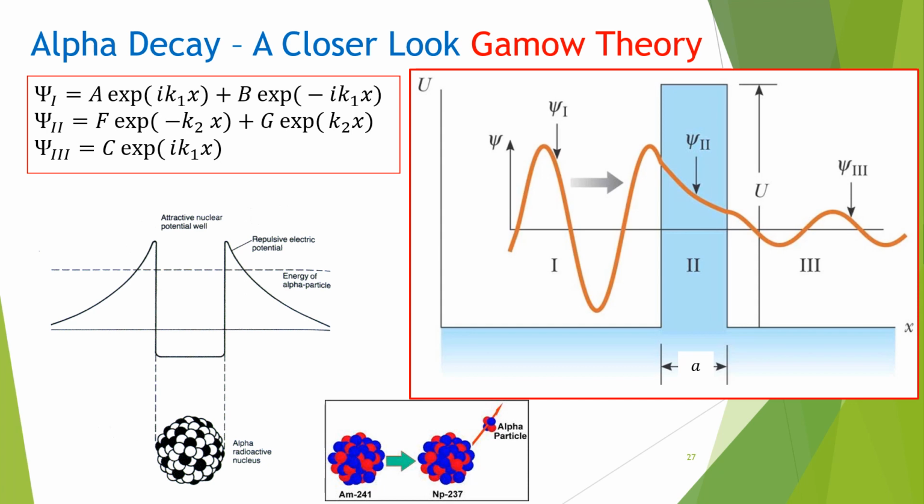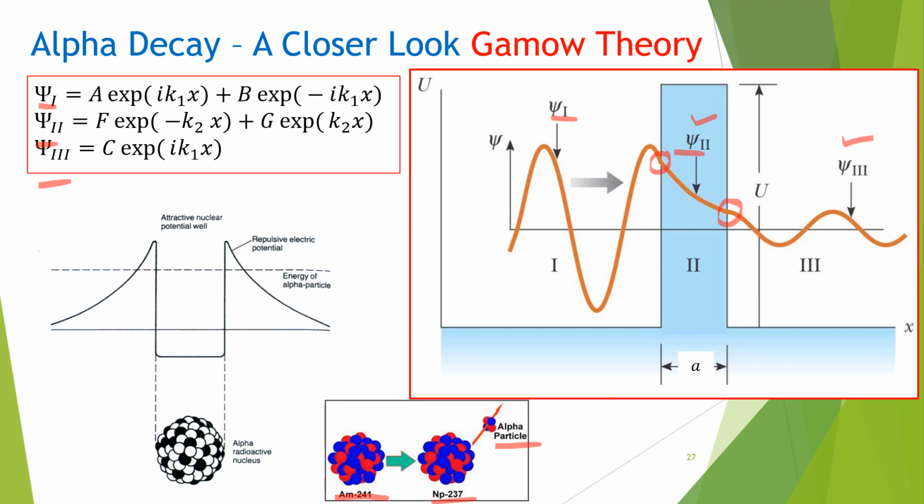This is one more picture I want to show you, where I am showing you psi1, psi2, psi3, that is the wave function in 3 regions, and americium 241 is undergoing a decay with ejection of an alpha particle, and the continuity from region 1 to region 2 offers a smooth changeover of the wave function at this point, and across the boundary psi2 to psi3 again we have a continuity.